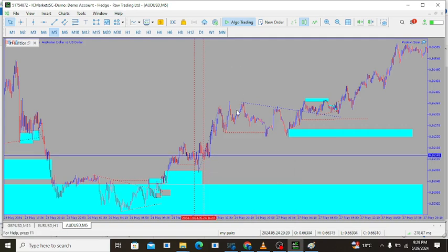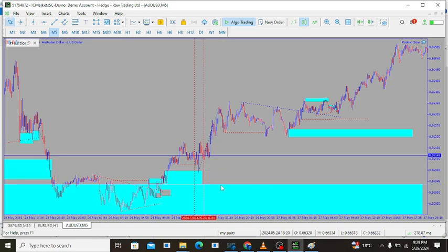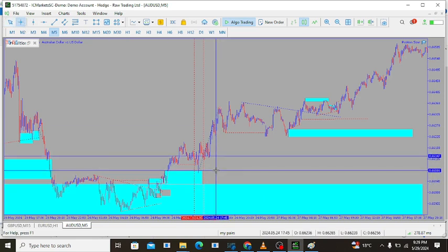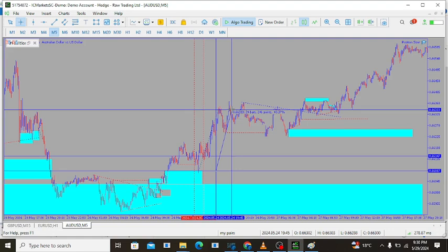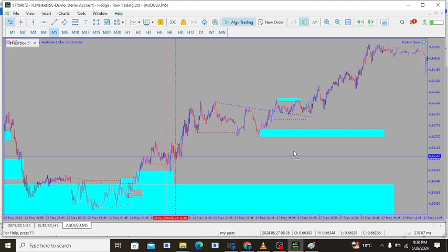Took my entry. I think it was a 6 pip stop loss. Six pips stop loss. 6, 12. It was 1:4.